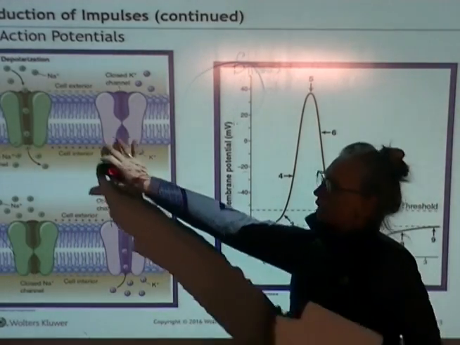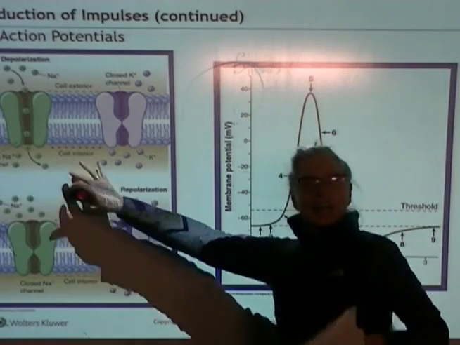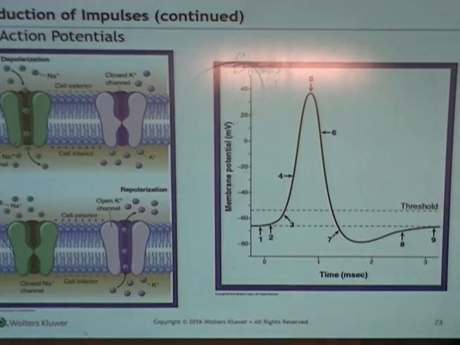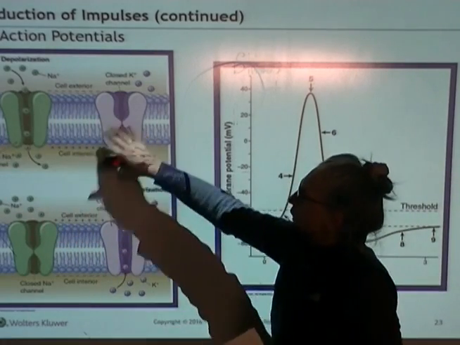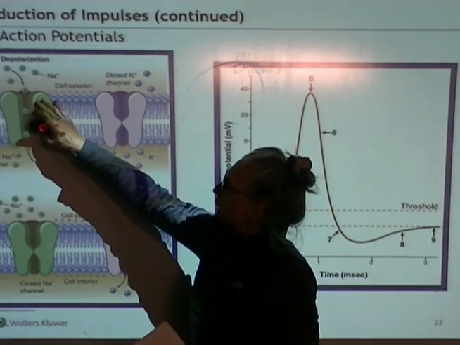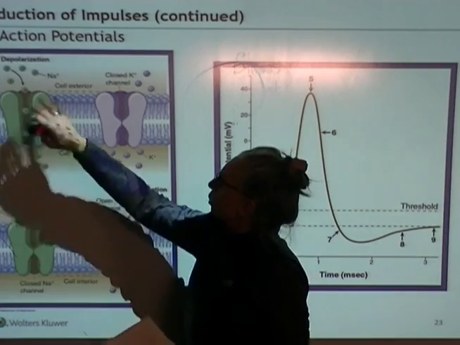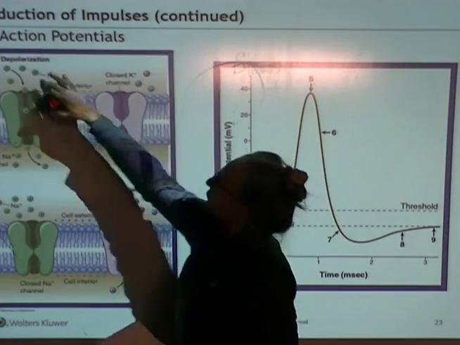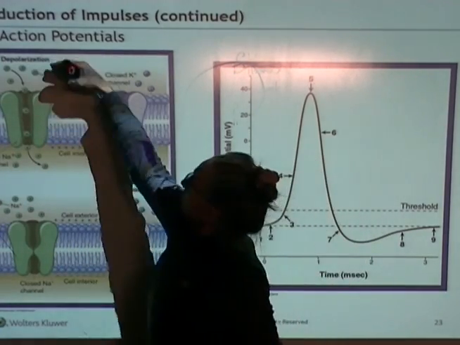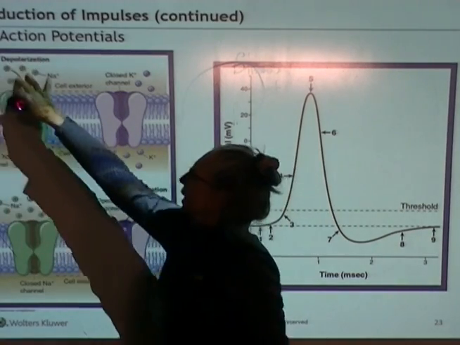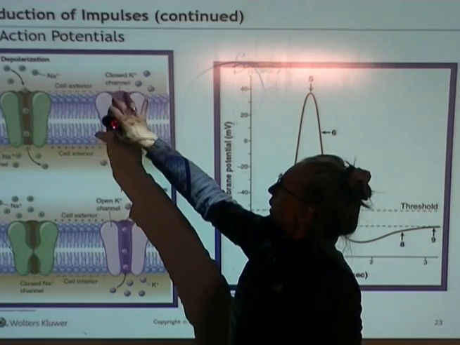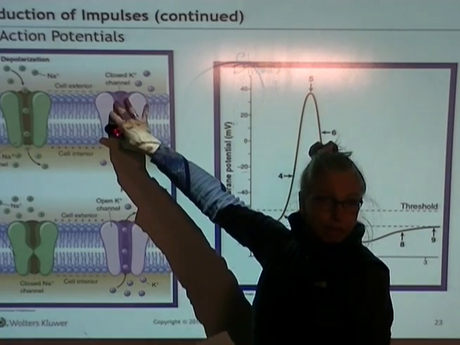So here's a slightly more elaborate version of my gateways, all right? So here's depolarization. We open the sodium channel and we allow, oh, they've got it the other way around. They've got outside here and inside here. So we open the sodium channel, we allow sodium in, but the potassium channel is shut at that point.